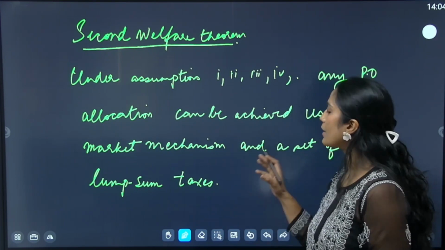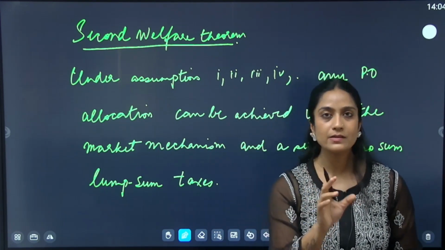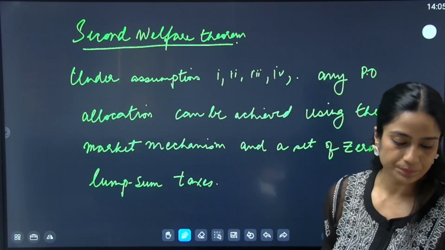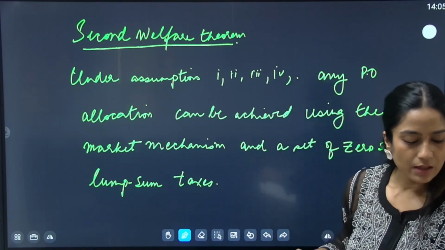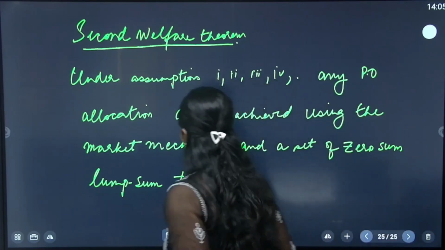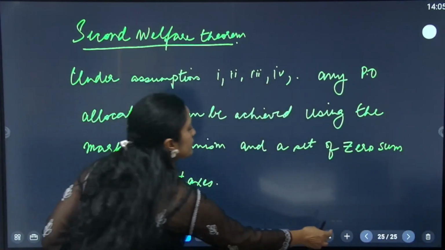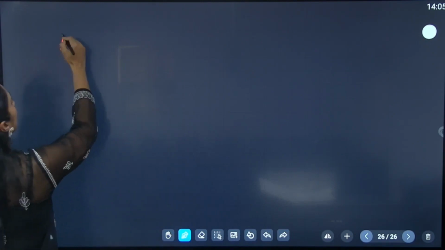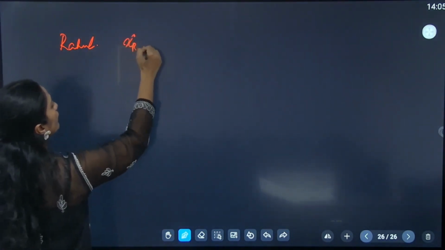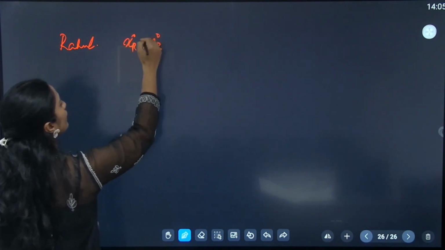ठीक है, so what this auctioneer does is announce that there are a set of taxes / transfers. Okay, so suppose this is what you have for Rahul. You have XR0, YR0, right?